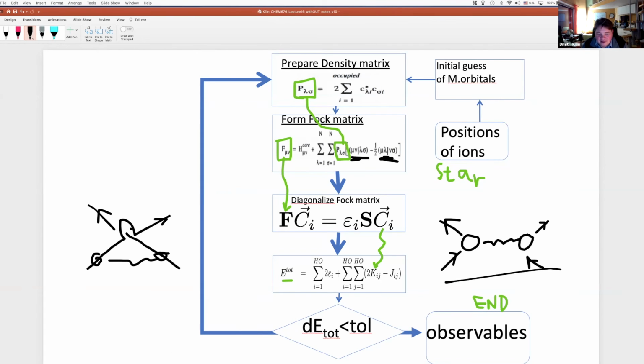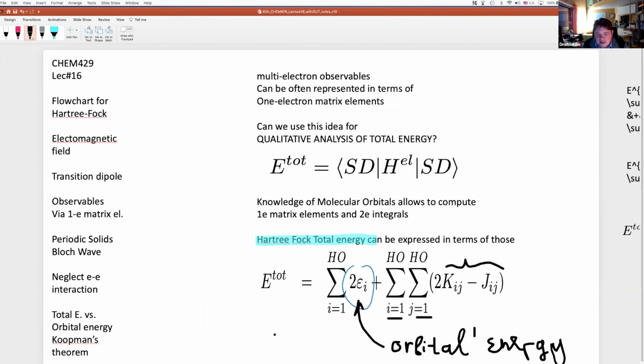The one where the swap is, is exchange. So Hartree-Fock energy is contributed by both single electron orbital energy and pairwise Coulomb and exchange between pairs of all occupied orbitals. So we go from one to the number of occupied orbitals, right?